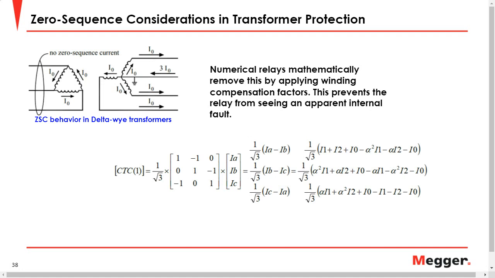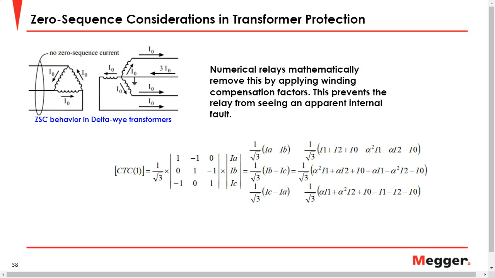Now, with numerical relays, we can leave everything connected. We can leave our CTs connected Y or delta. With a numerical relay, we don't have to come up with a lot of different clever wiring schemes to accomplish this.